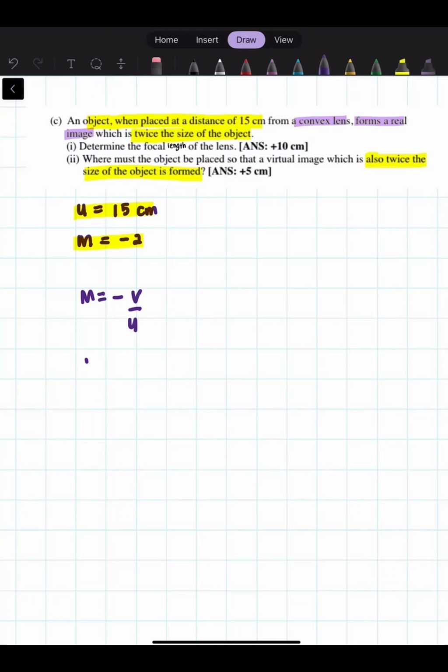Let's say we have the image distance, and this is a real image, so it will be a positive value, to be 12 cm, and the u to be 6 cm. So if we plug in our numbers, we get the magnification to be a -2. The magnification not only shows the size, but the image orientation.